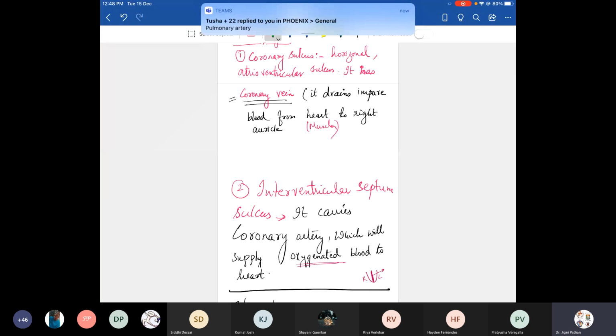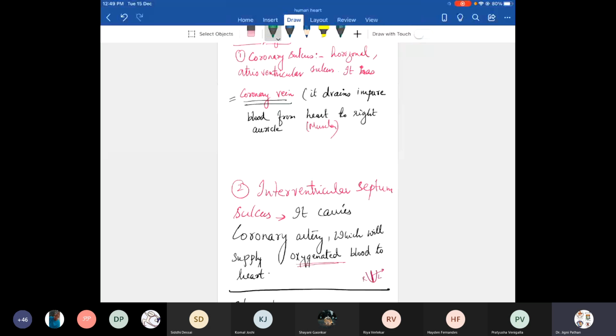The pulmonary vein, which carries only oxygenated blood. Clear?